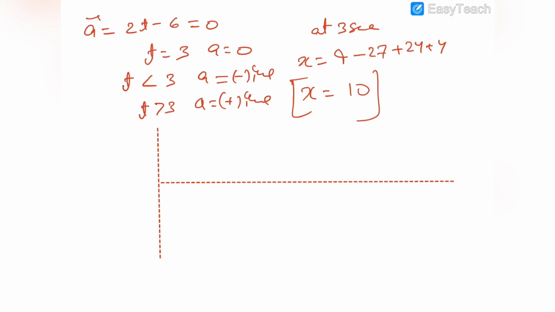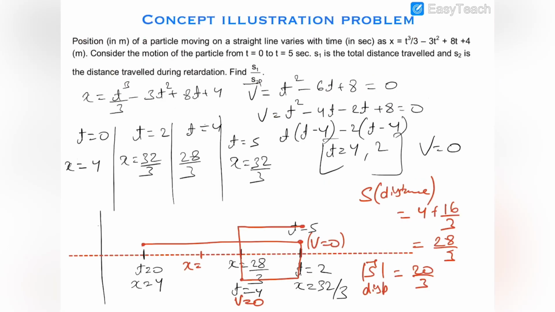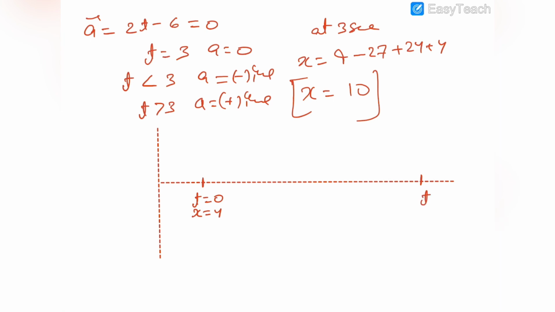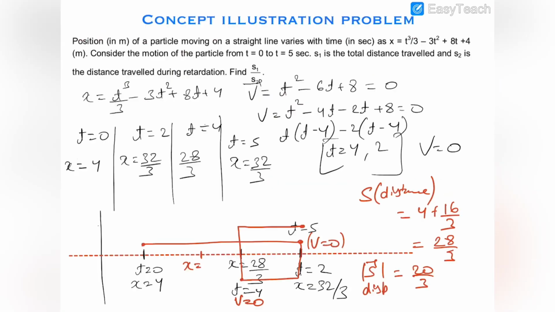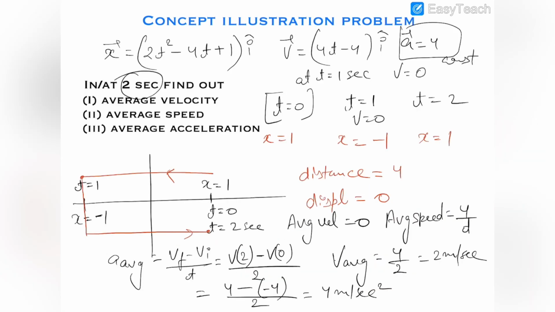At t is equal to 0, x is equal to 4. Then at t is equal to 2 seconds, x is equal to 32 by 3. And at t is equal to 3 seconds, x is equal to 10.